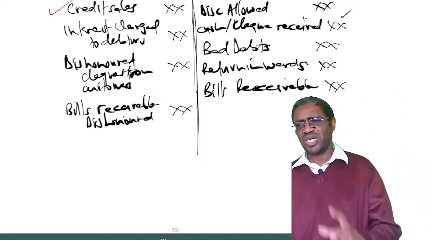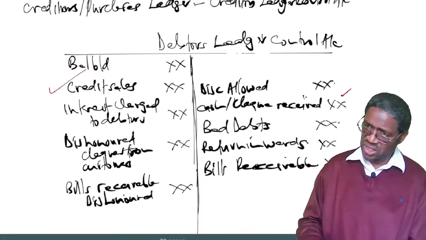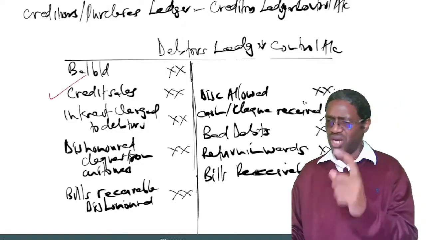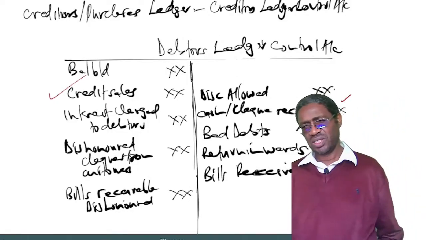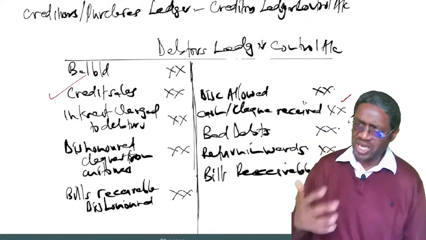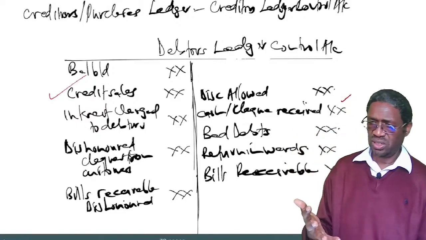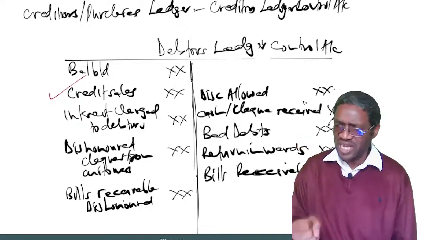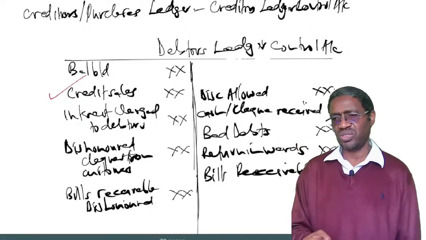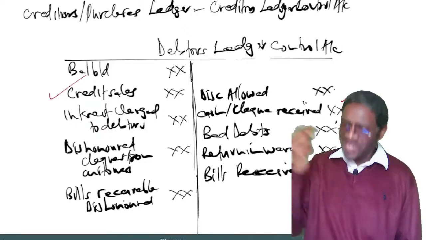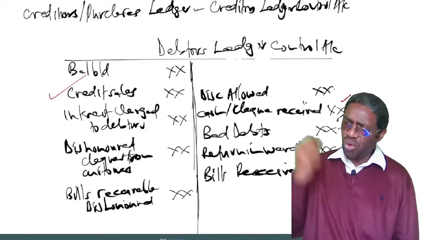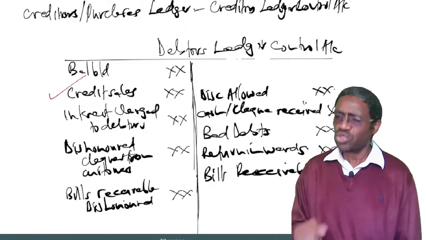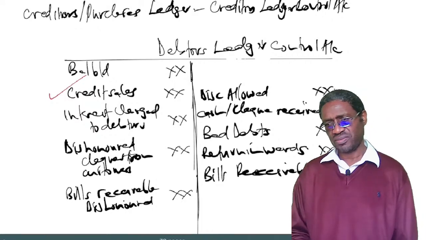So what I'm trying to say is this, which I'm hoping you are getting something now, that when you are required to prepare a control account, if something is supposed to be debited in the debtor's account, that same thing should also be debited in the control account.